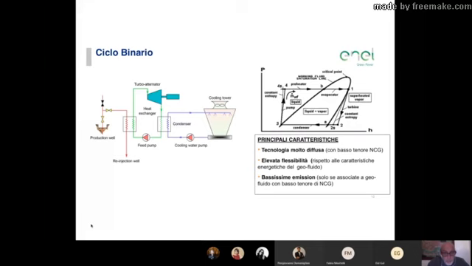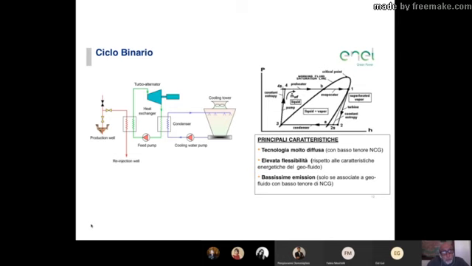The binary cycle. Now, there are two reasons for it. First reason, to try to avoid emission. Second reason, to try not to decrease too much the pressure within the geothermal system.